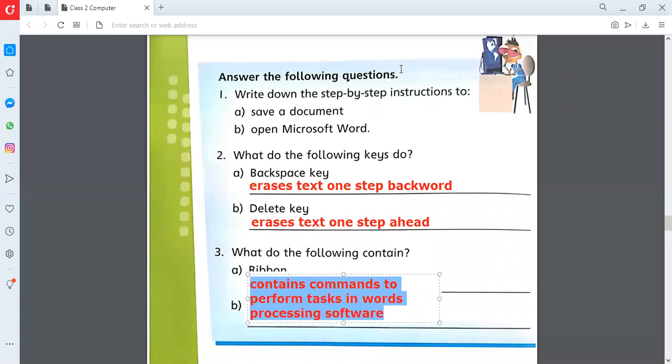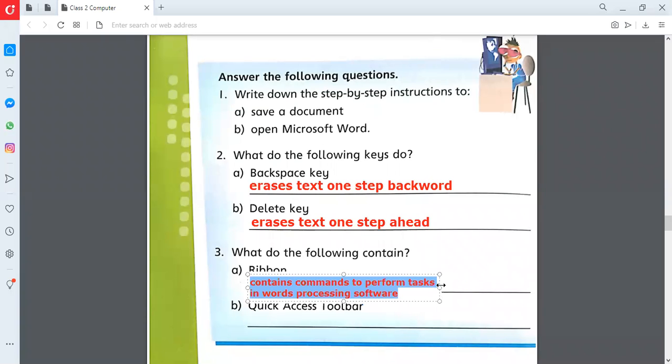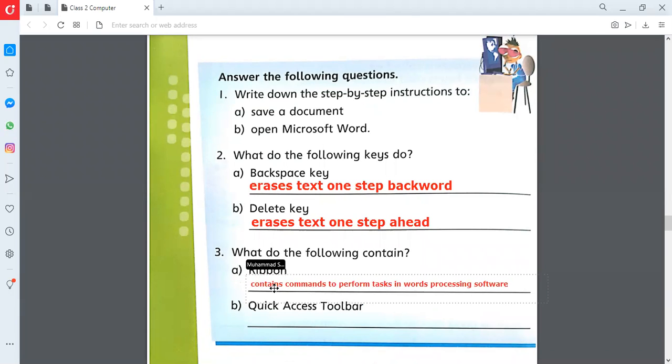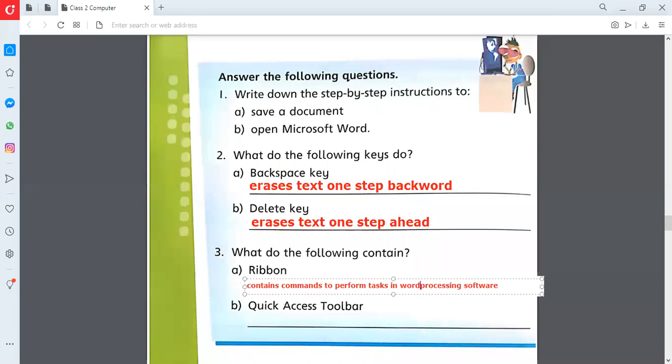Let me make it small so that it fits. Okay, so the answer for the ribbon is there. Ribbon contains commands to perform tasks in word processing software.